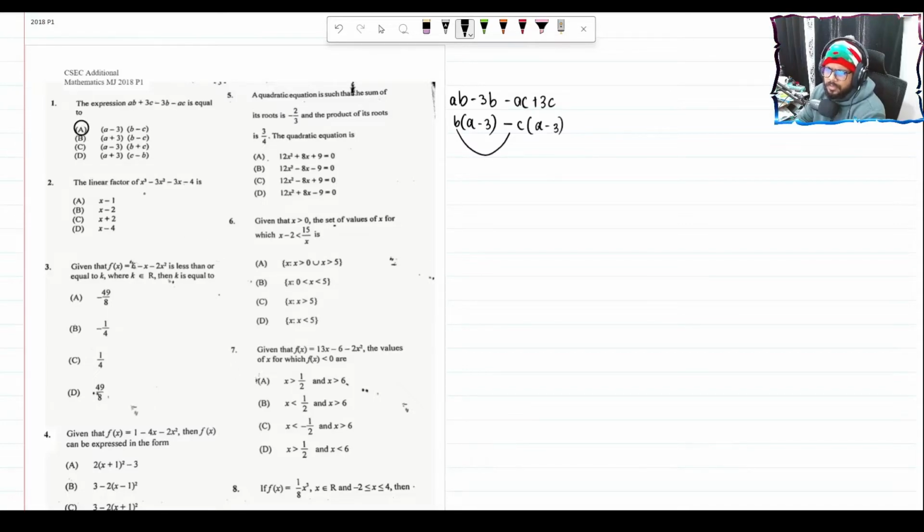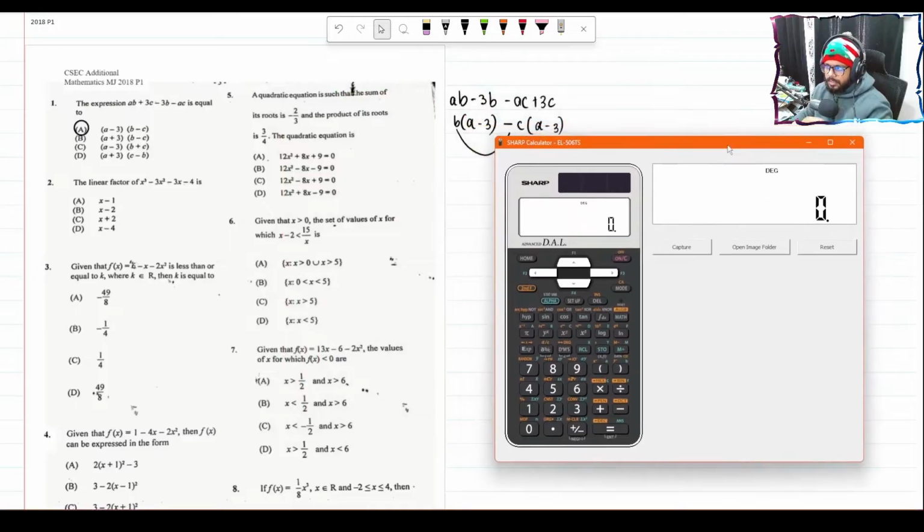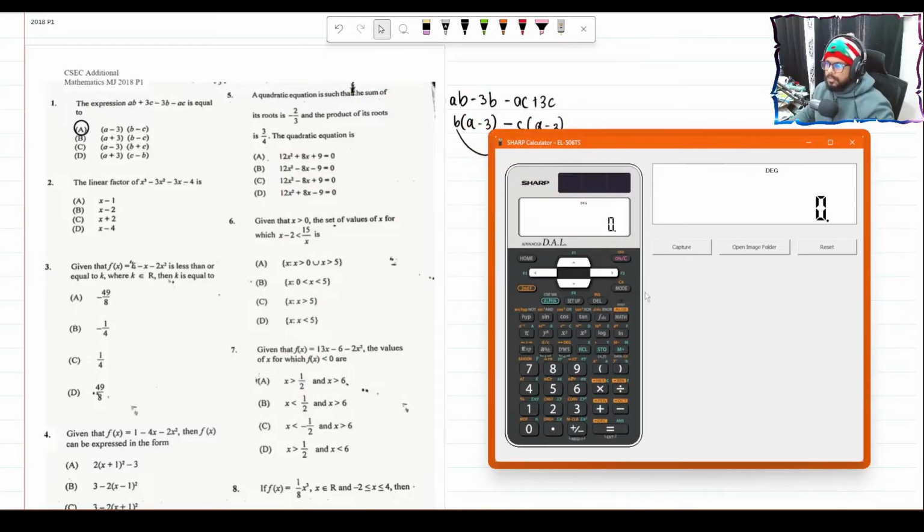The linear factor of this is, now you have your calculators in paper 1s, right? So jump on your calculators, for those who have calculators like mine, and go ahead and solve this on your calculator. If you don't know how to solve a quadratic or a polynomial on a calculator, go in your booklet and see if you could figure out how to do it. Not all calculators could do it, so I'm going to do a little shortcut.